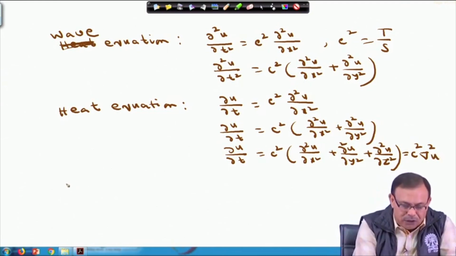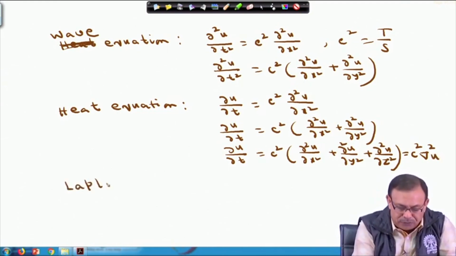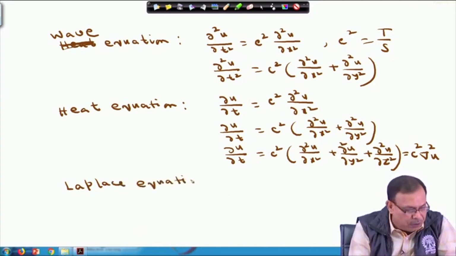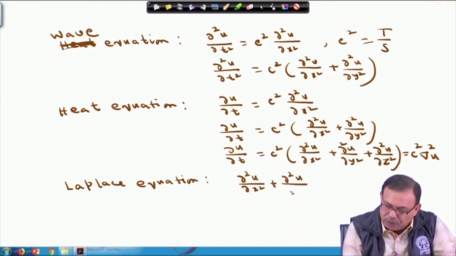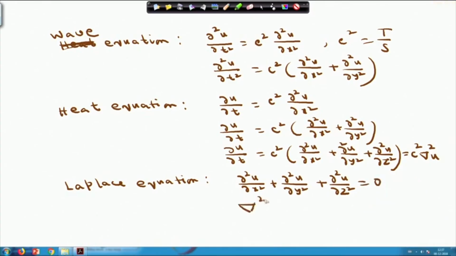And the last one is the Laplace equation. As I told you, the temperature is in steady state, that is u(x,t) does not vary with time, then we can write it as ∂²u/∂x² + ∂²u/∂y² + ∂²u/∂z² = 0, or which you can write as ∇²u = 0.